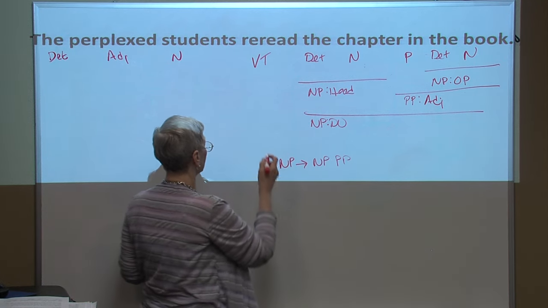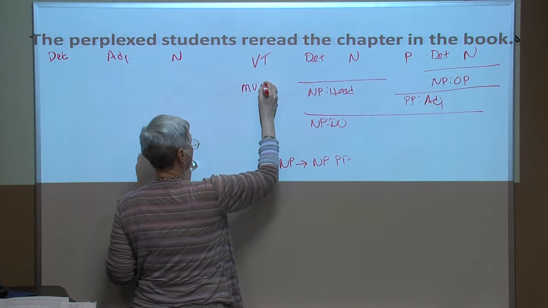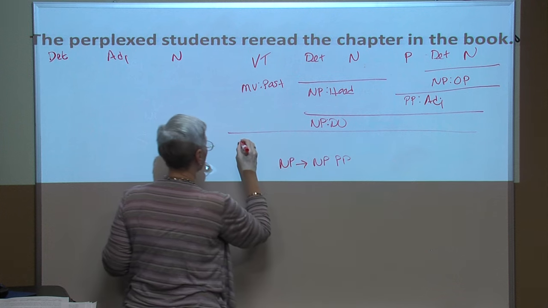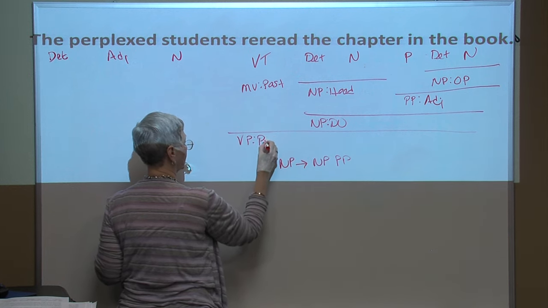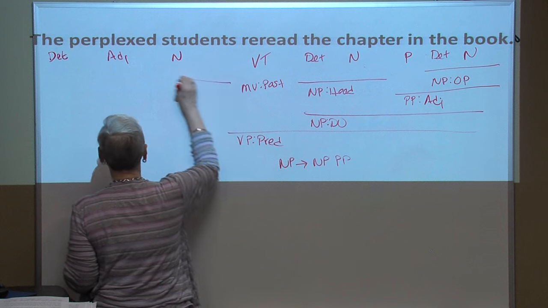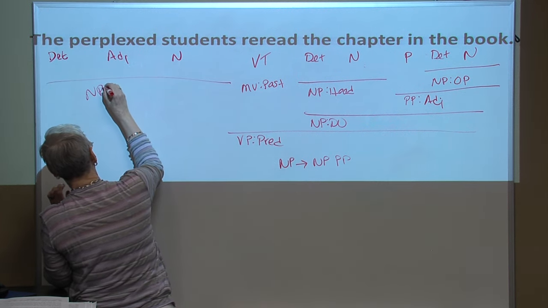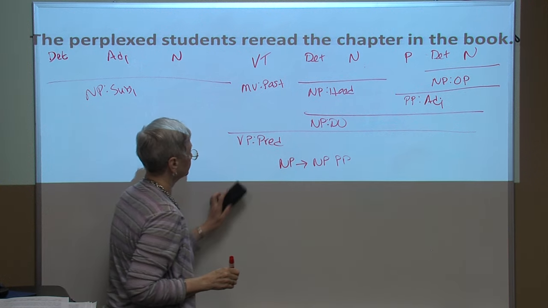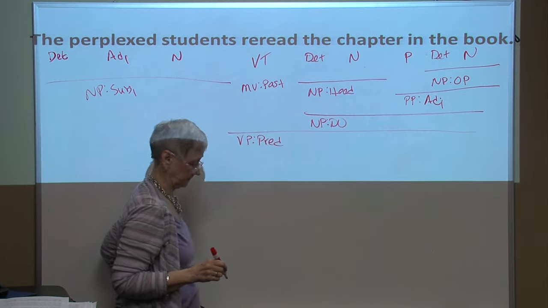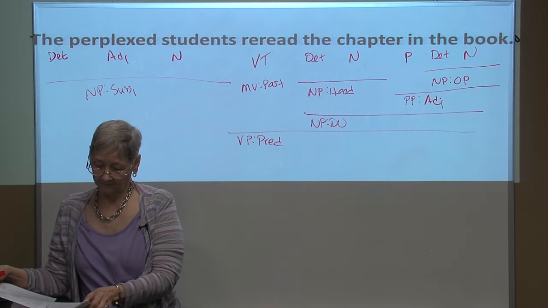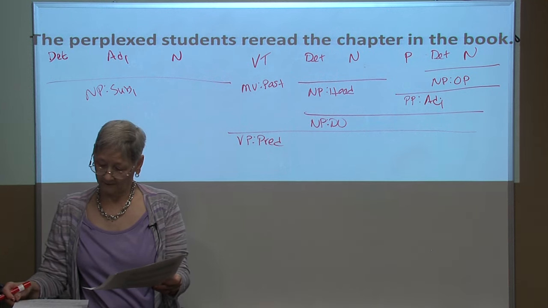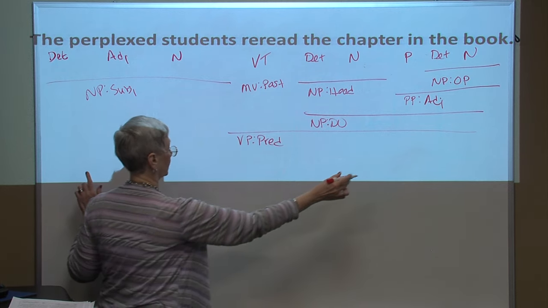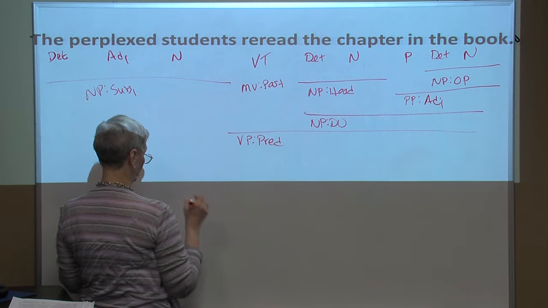We have our same verb, main verb, whose status is past, and then we have our verb phrase functioning as predicate, and the perplexed students is a noun phrase functioning as the subject. So I hope that's clear. And of course, this would be our sentence if we drew that long line and put the S underneath.